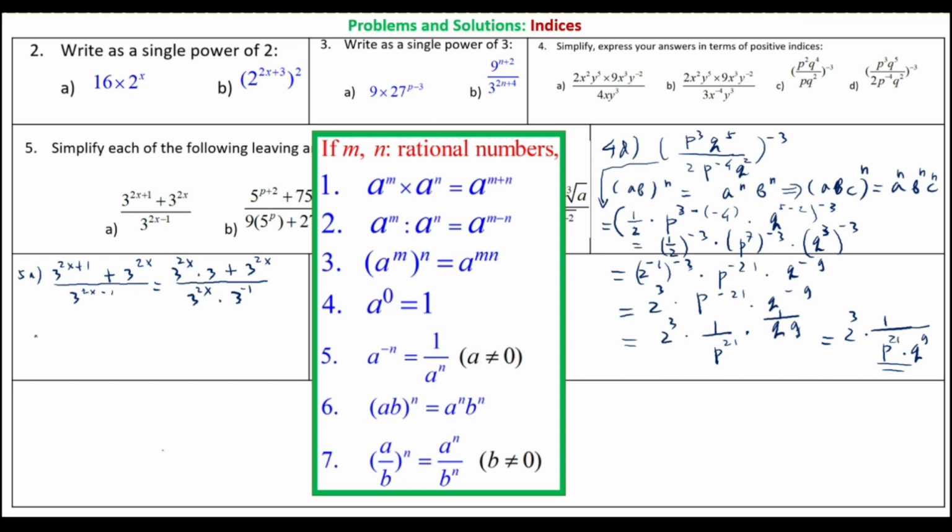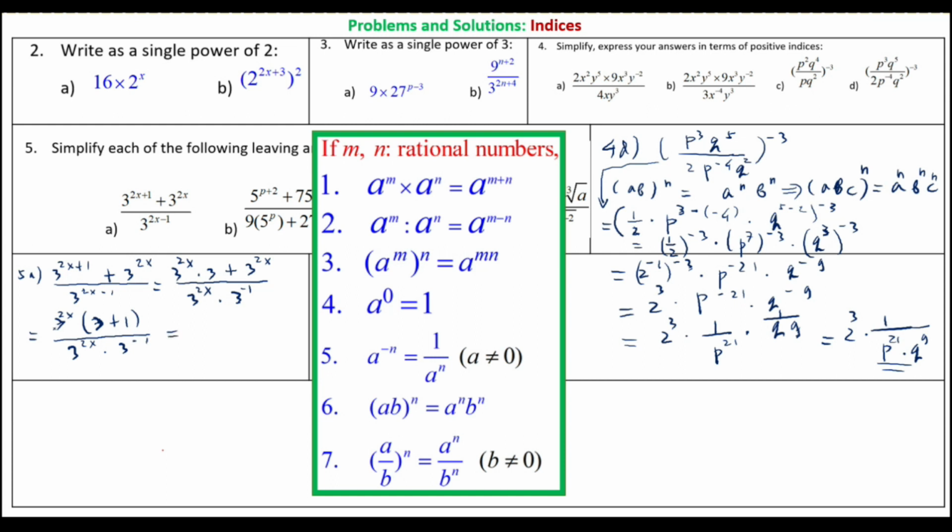So we've got equals 3 to the power of 2x times (3 plus 1), because 3 to the power of 2x times 1 is 3 to the power of 2x, all over 3 to the power of 2x times 3 to the power of minus 1.